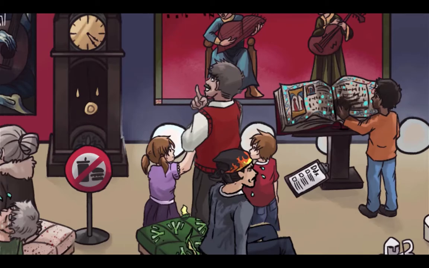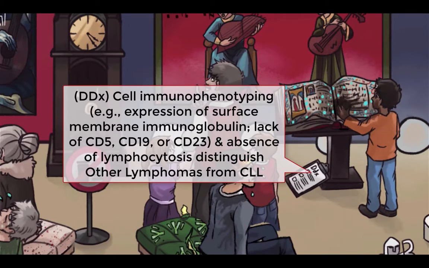Lymphomas should also be high on your differential. Many types of lymphoma can present very similarly to CLL, with lymphadenopathy and constitutional symptoms. That said, lymphomas typically don't cause the absolute lymphocytosis that's required to diagnose CLL. In those equivocal cases where you're unsure, immunophenotyping by flow cytometry will distinguish these different neoplasms from each other.